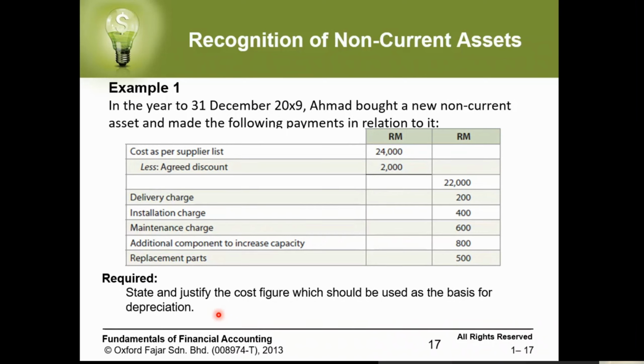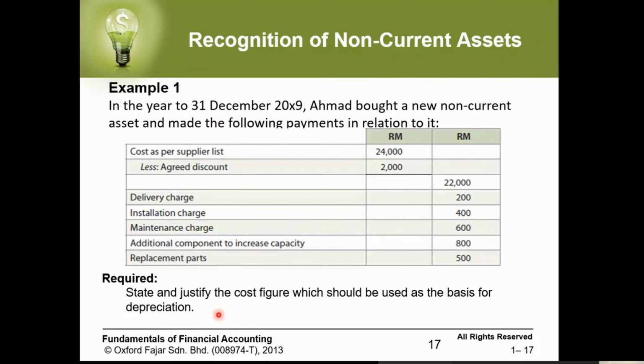Let's say if you want to buy a machine, they will tell you this machine is 10K, but we also need to pay another 500 ringgit for transportation, and then another 200 ringgit for fixing the machine at your place. So these expenses are part of the cost of the machine, because you cannot start using this machine unless and until you pay that cost. So we call it also part of the machine cost.